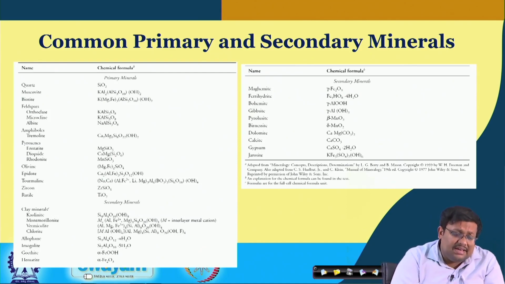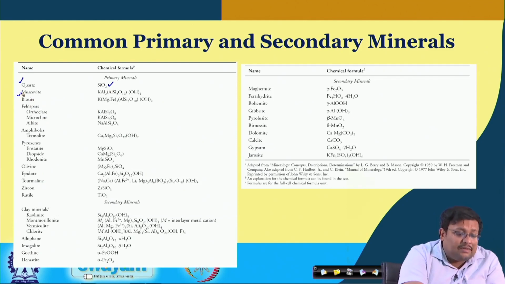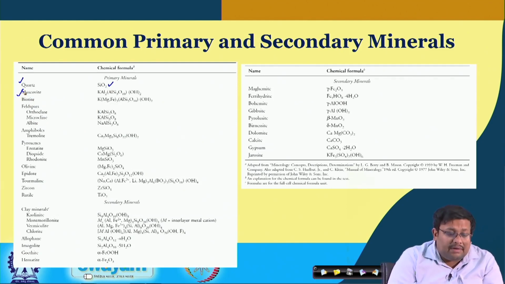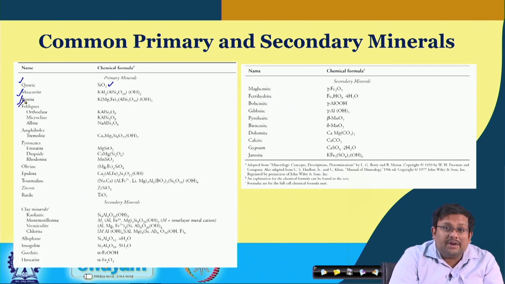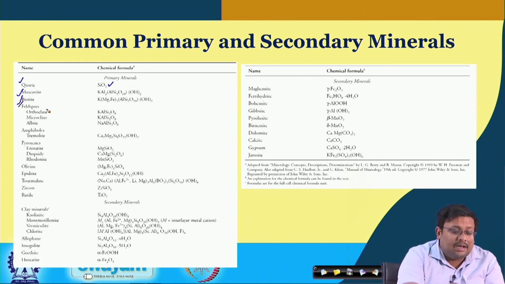As you can see, the most common primary mineral is quartz, which has the formula SiO2, followed by the feldspars, and muscovite is another important primary mineral. Then biotites; feldspars are of different types like orthoclase feldspar, microcline feldspar, albite; then amphiboles, tremolite, pyroxenes.